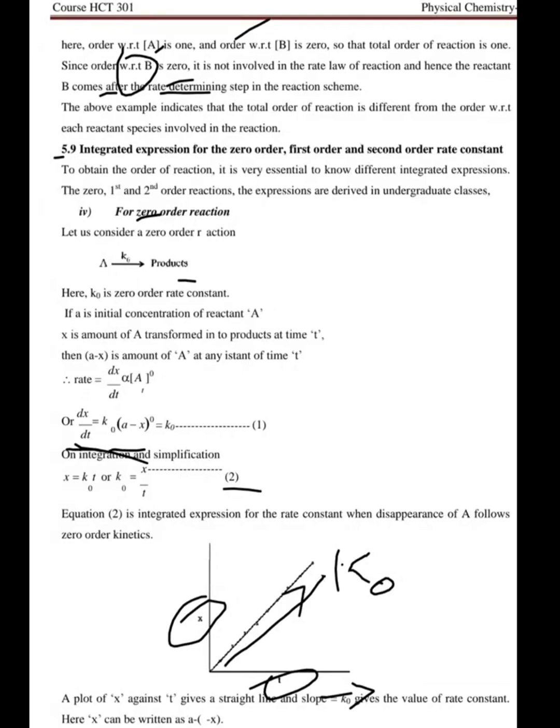The amount converted to the product is shown as X, and with respect to time we get the rate constant from this plot.